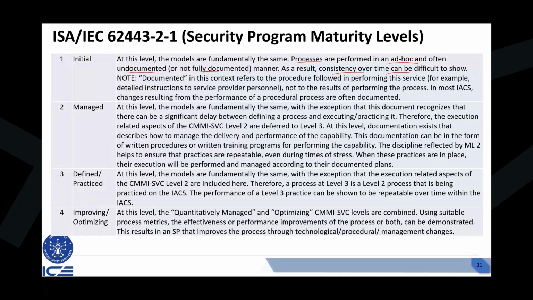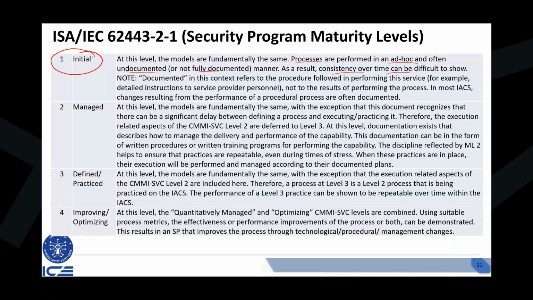You cannot guarantee consistency of implementation of those processes over time. So if your organization is operating in that way, you are at the initial level of maturity as defined by 62443-2-1.